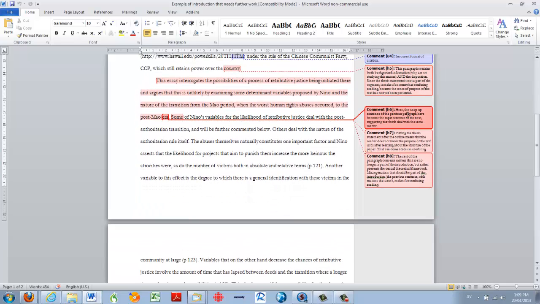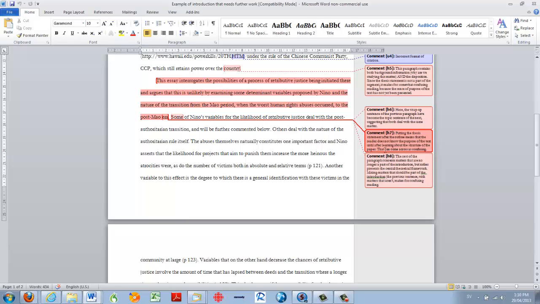Going on here, the wrap-up sentence of the previous paragraph has here ended up as the lead-in to the next paragraph, which then gives that effect that both of these paragraphs are going to deal with the same material. And then putting the thesis statement after the outline here means that the reader doesn't know the purpose of the text until getting to this point, and I mentioned that previously.